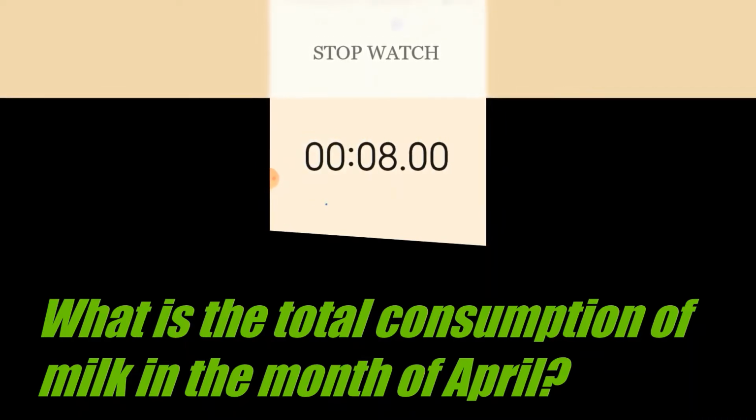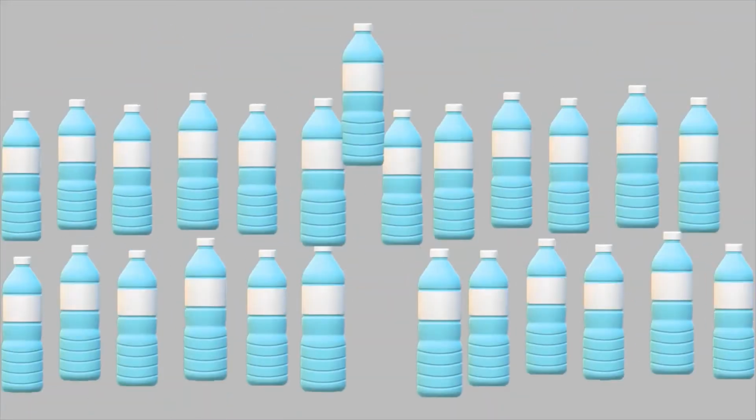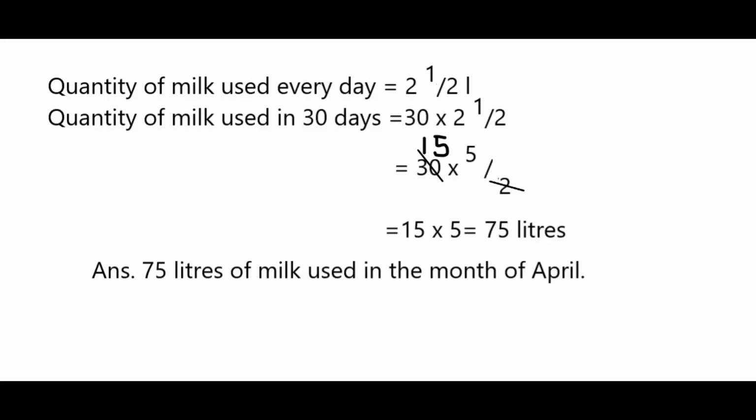See, 30 bottles of 2.5 liter milk is used in 30 days. Quantity of milk used every day is 2.5 liter. Quantity of milk used in 30 days is 30 times 2.5. Let's convert 2.5 into improper fraction. It is 5/2.